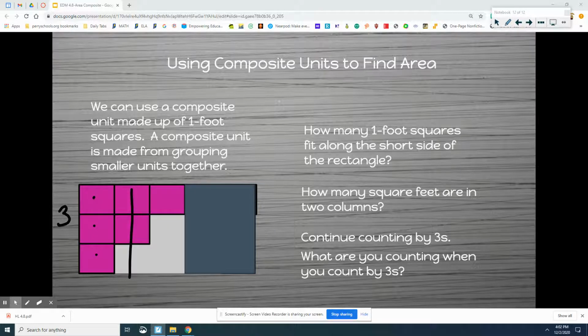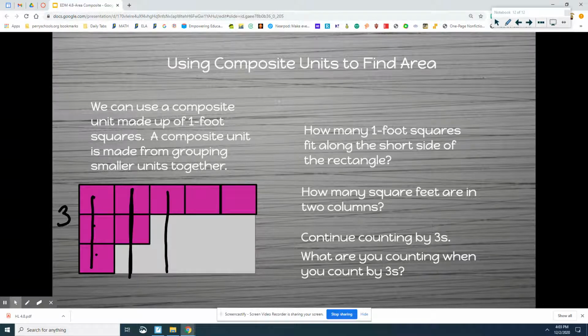So how many square feet are in 2 columns? You should have said 6. Now, I can continue counting by 3s. If this is 3, 6, what will this one be? You should have said 9. So I am up to 9 so far.